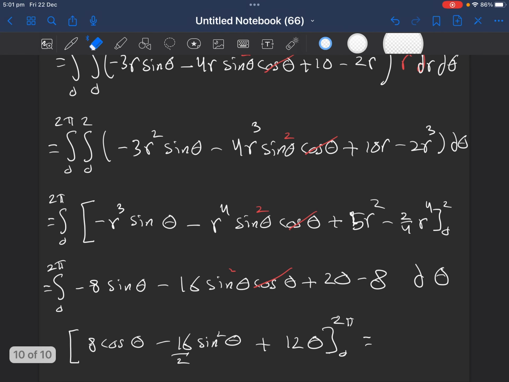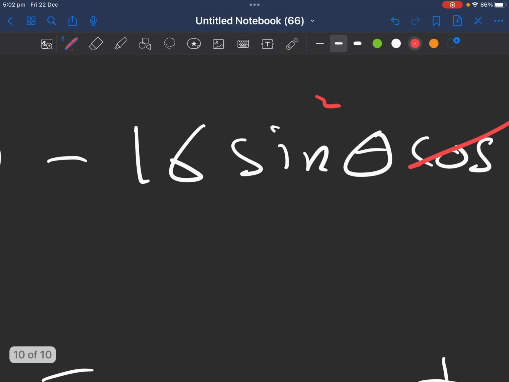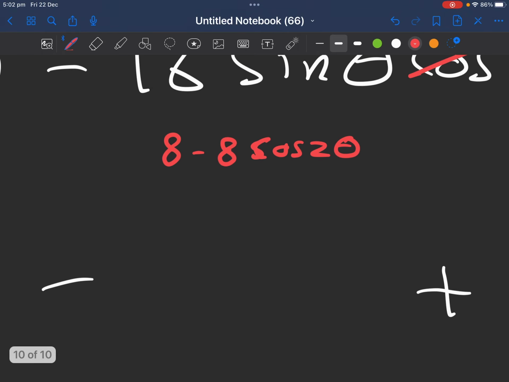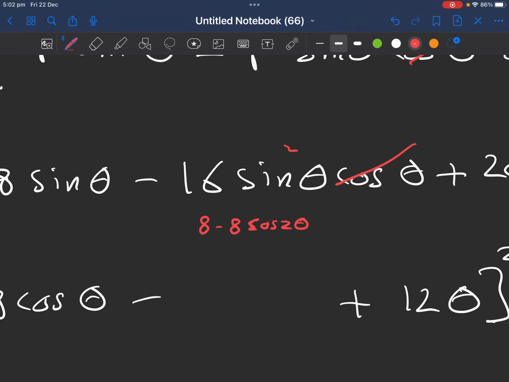And now the integral would be a little bit different here, because we have to change it into, this one would be 8 minus 8 cosine 2 theta. So that's how it would look like.